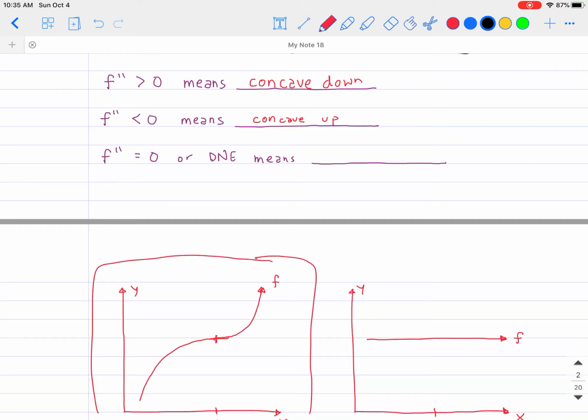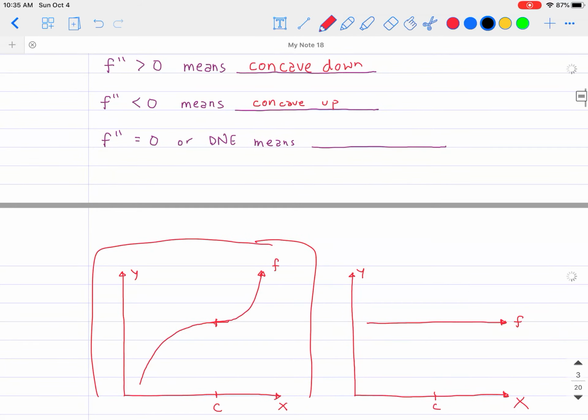Notice in this graph, underneath it, you have a graph where f double prime is equal to 0. Before that, you have something that is concave down, because it doesn't hold water. And then afterwards, you have something that's concave up.